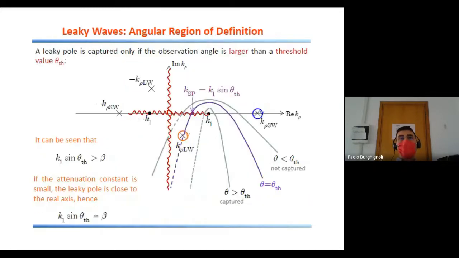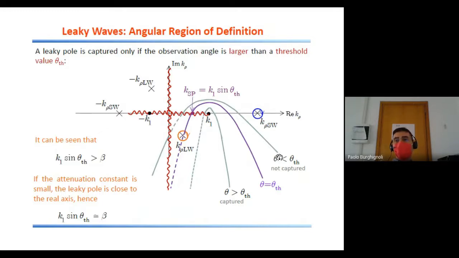Now let us come back to the complex plane. If you observe the field at some small angle, the steepest descent path will be like the gray path here, the wider one, and the original path was along the real axis.